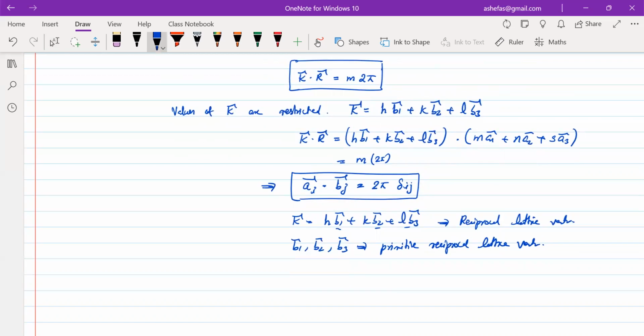The lattice formed by k is called the reciprocal lattice.